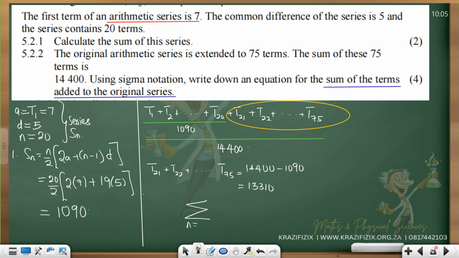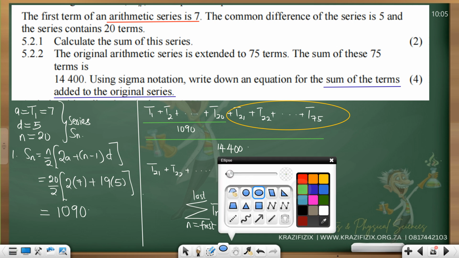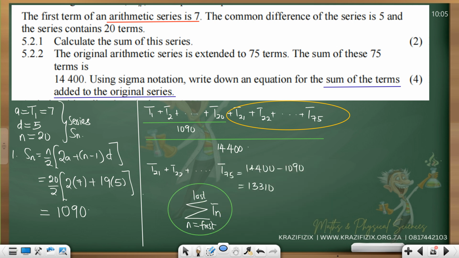Okay. All right. How do I write my sigma? Sigma should be n equals first position to last position and Tn. This is the general formula that I gave you. All I need to do is get Tn. How do I then get Tn?